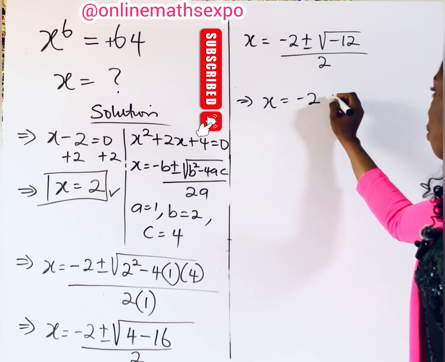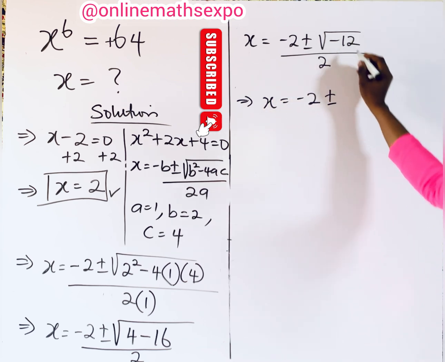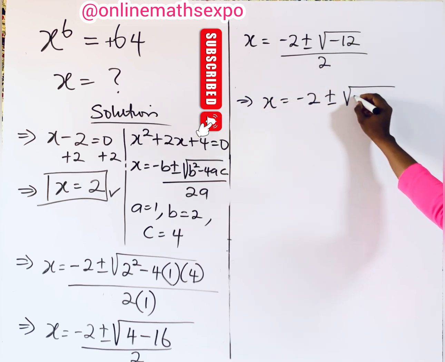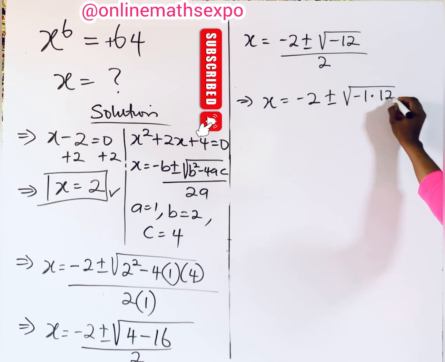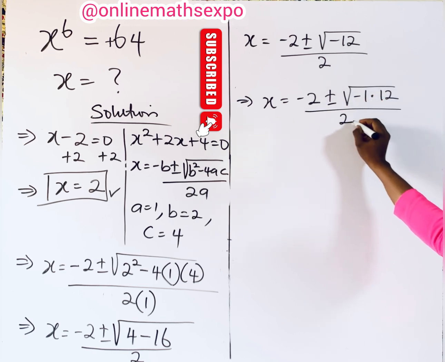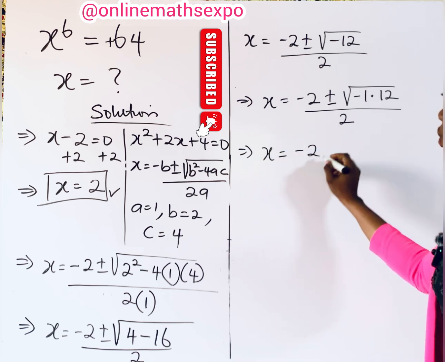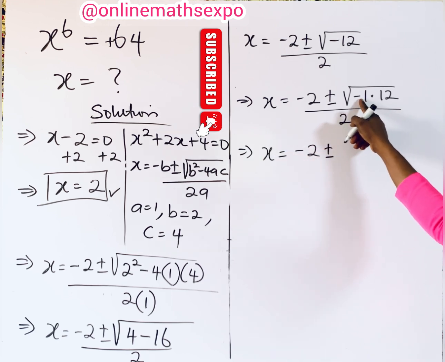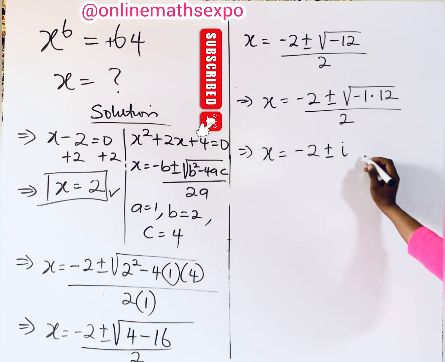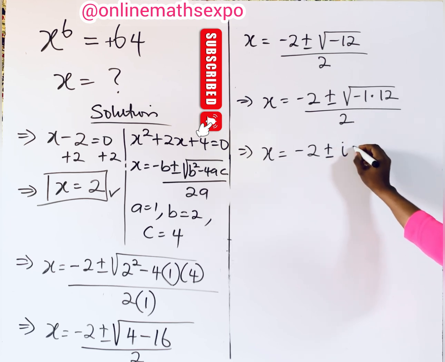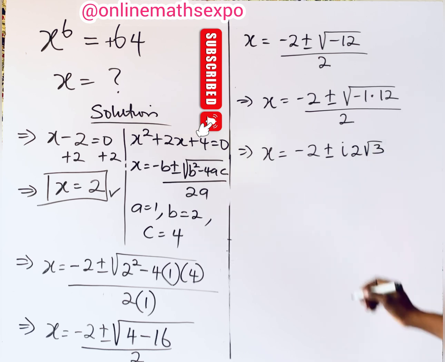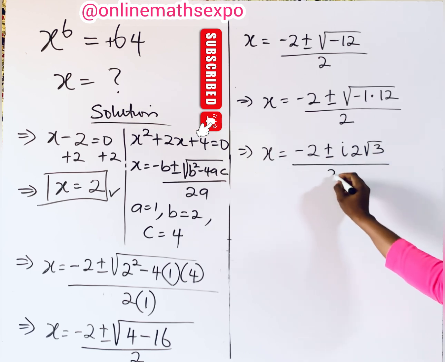So we have negative 2 plus or minus. This gave us negative 1 multiplied by 12 over 2. And we have it that x is equal to negative 2 plus or minus. This negative 1 is your i, and for this 12 we got 2 root 3, and is divided by 2.